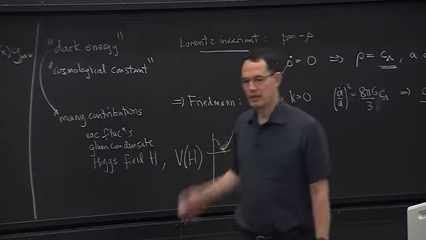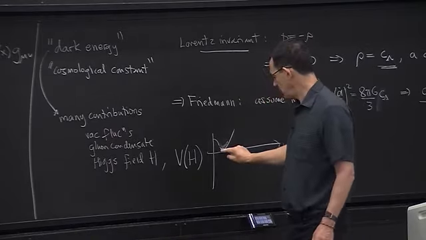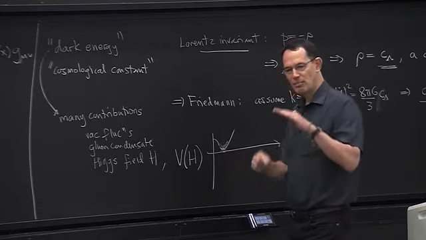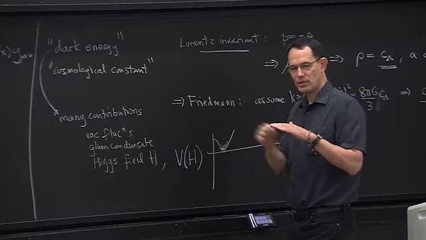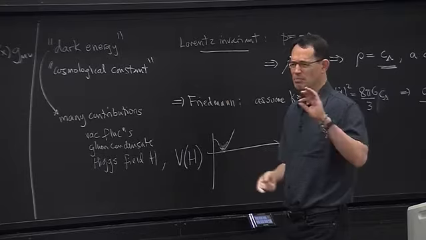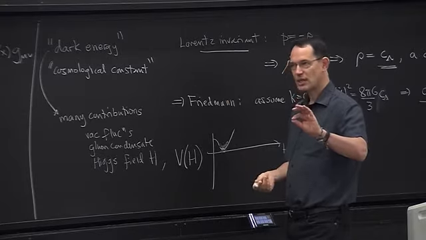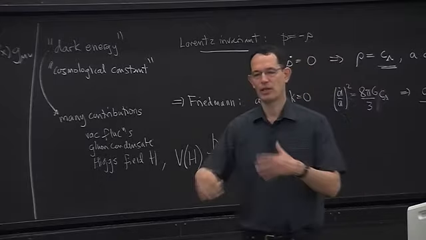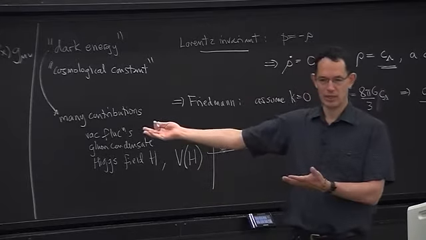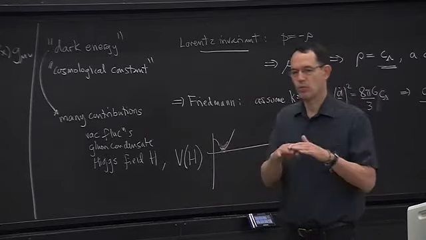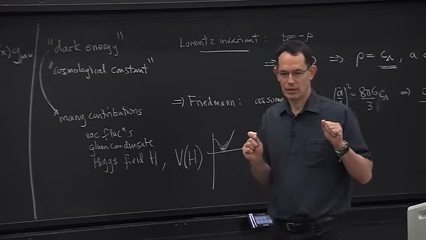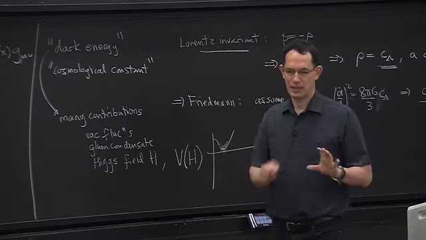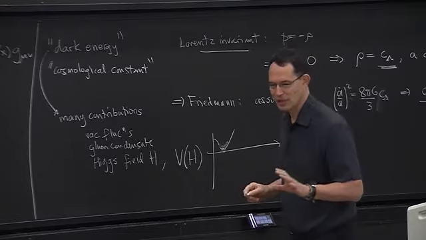Now, the way we build the theories is simply to tune the minimum here to match the observed dark energy in the universe, which is a minuscule number. And we're very unhappy about that, because that's a kind of ridiculous fine-tuning which we have to do just to get the model to fit the data, with no understanding of why we have to do that. So we're definitely missing something rather fundamental.